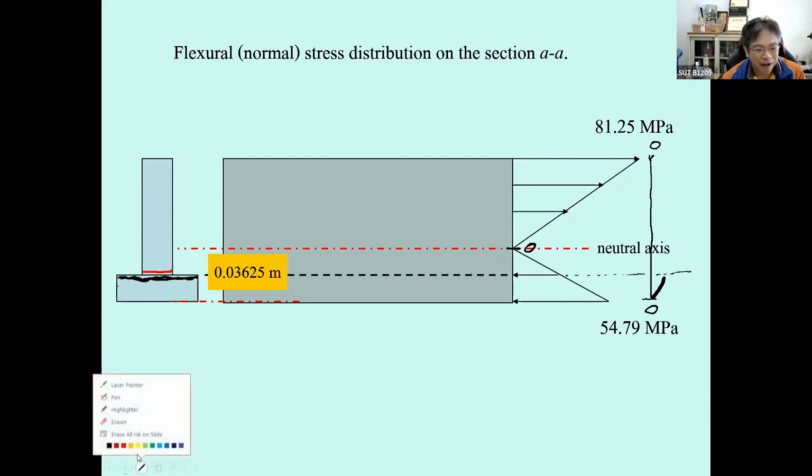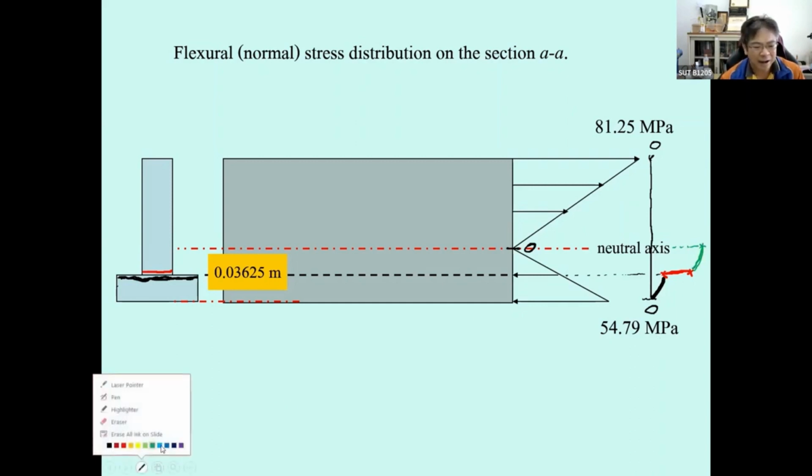Next, the stress that occurs over here will be larger than that over here by 5/2 times. And then the maximum stress will occur at the neutral axis.